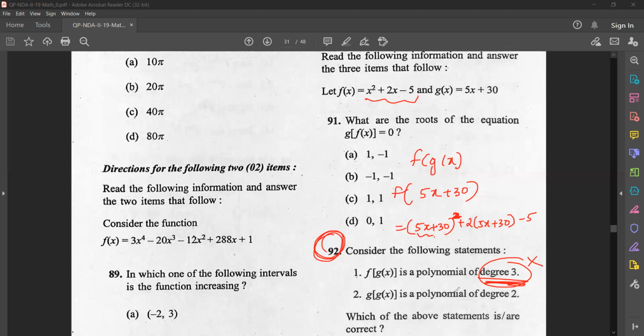Now go for the second statement. G of x is degree 2. G of x is what? 5x plus 30. So wherever x is there in G of x, you have to put 5x plus 30. So in the place of this, you have to put 5x plus 30.